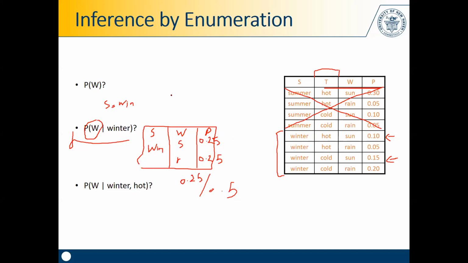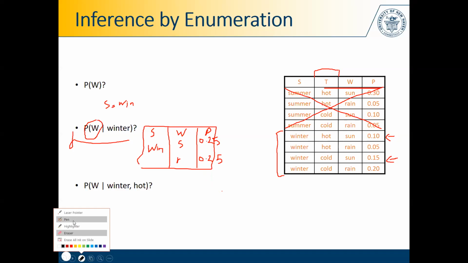for this table. Let me clear things up a little. Now we want to find the conditional probability distribution of W given winter, right?